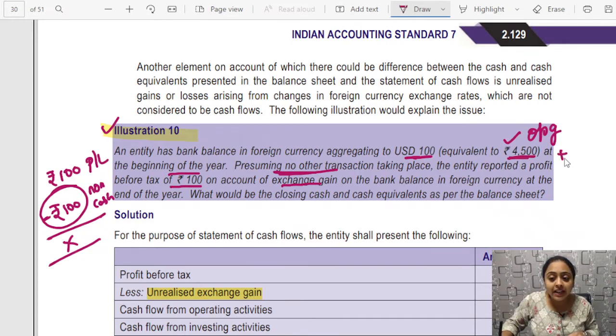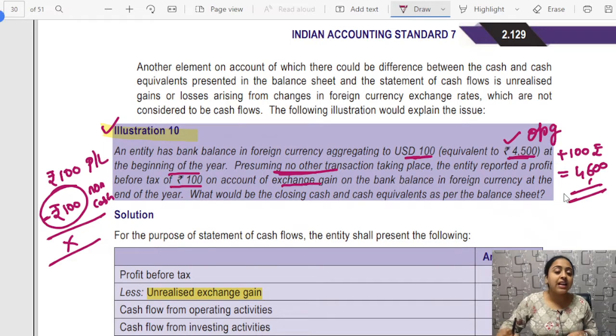This will be added with rupees 100, the exchange gain, and then the closing will become 4,600. Okay, this is a rule as per Ind AS 7. If it impacts the cash flow statement, then it will be included in the cash flow. Other than that, for just the presenting part or reconciliation part, the exchange gain loss will be included in the cash and cash equivalent portion.